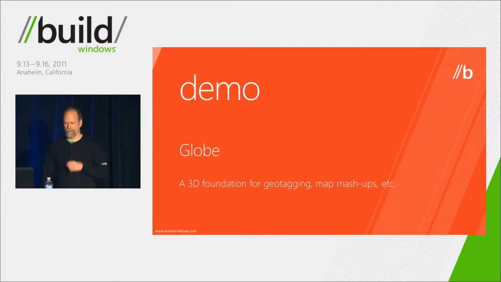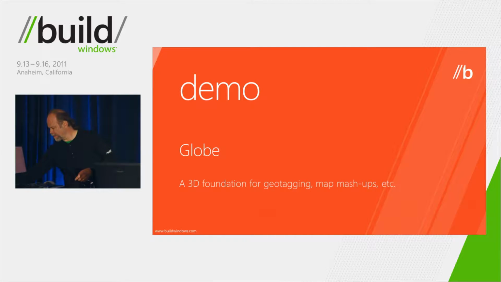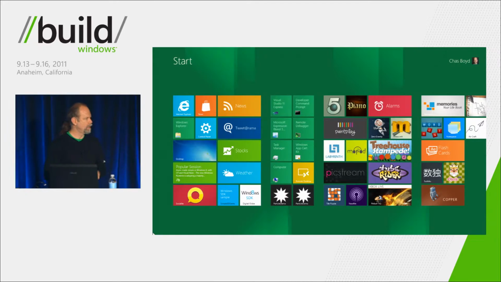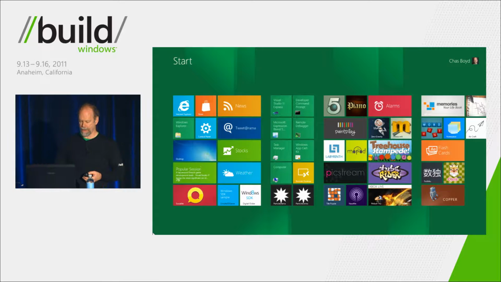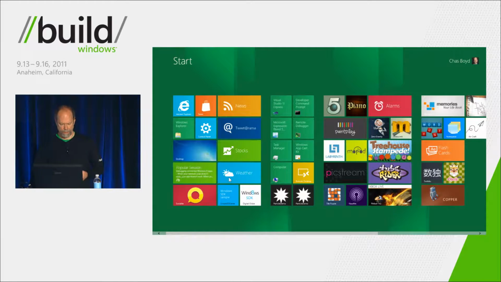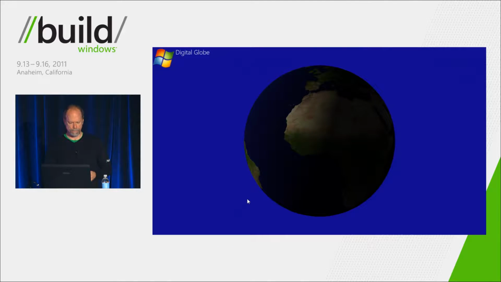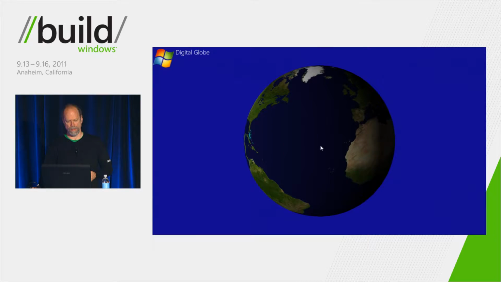So for an example, I've got an app here. If I can get my device switched over. That's just a very simple app. It's a minor update to one of our samples. And you can see how quickly that came up.